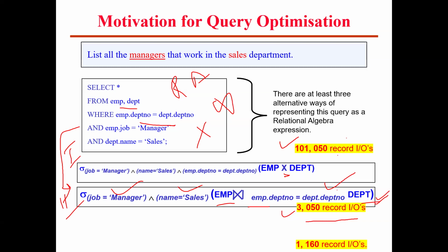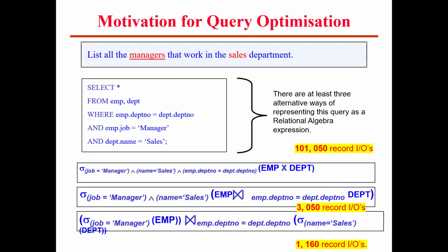Now, let us see the third way of representing this SQL query. Here, we are selecting job is equal to manager from employees, and we are connecting the employee table with the department table and selecting only the department whose name is equal to sales, using the join again.